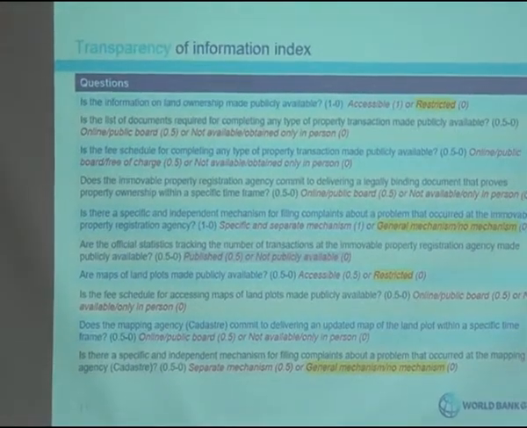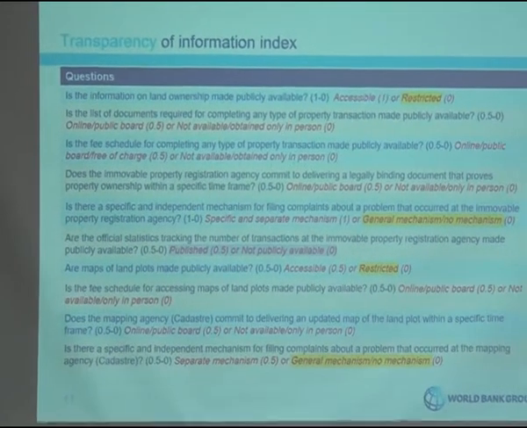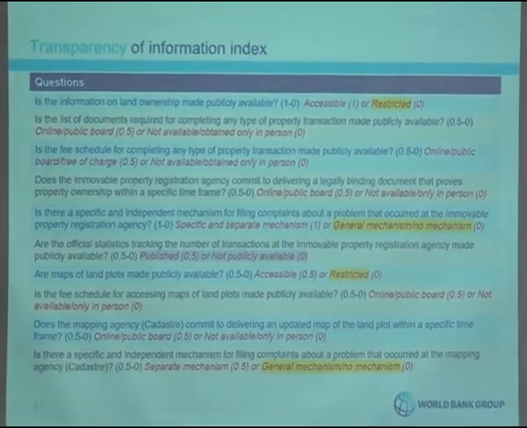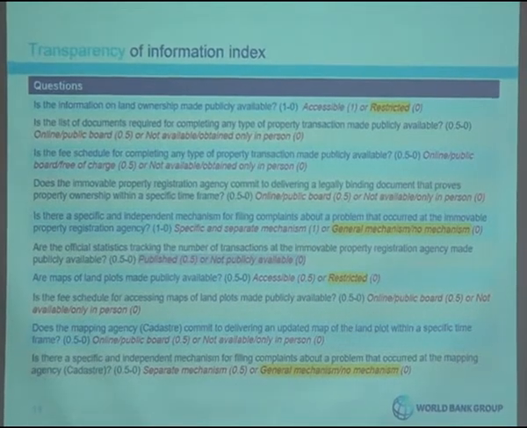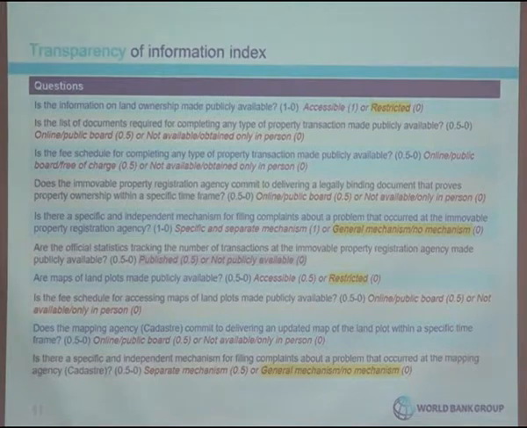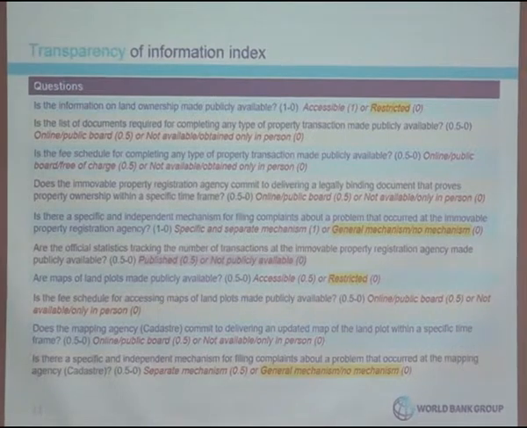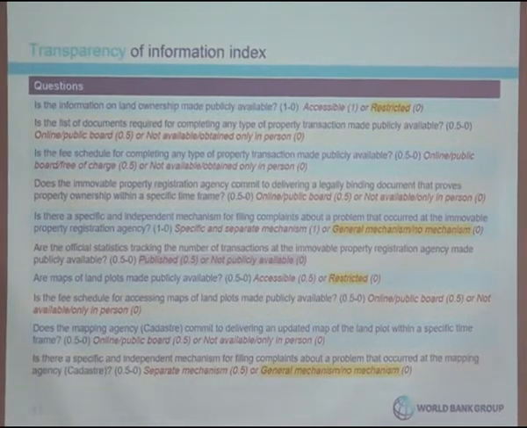We must have an agency that is specific, which means that it only deals with either the Immovable Property Registration Agency and problems there, or another agency that looks at the problems that are occurring at the cadastre. So they have to be specific to each of these two problems.